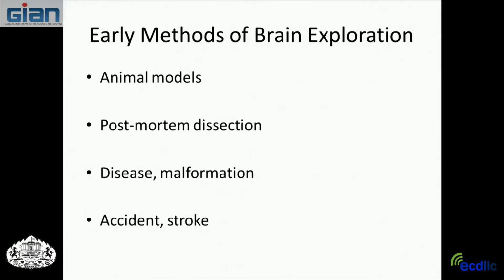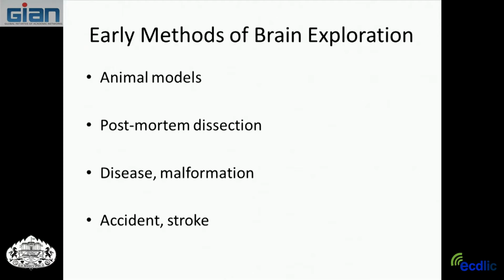Okay, so if you recall from last week, we talked about the early methods of brain exploration and how limited they were. There were animal models, which still happen today, but they're often difficult to apply to human applications. We talked about postmortem dissection, and then we talked about unfortunate diseases or malformations or accidents for some, while the field of understanding the brain benefited from these.